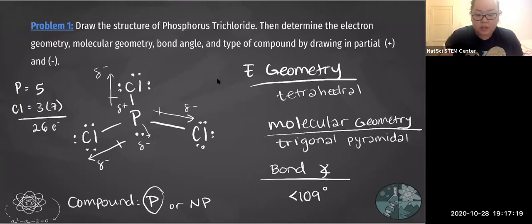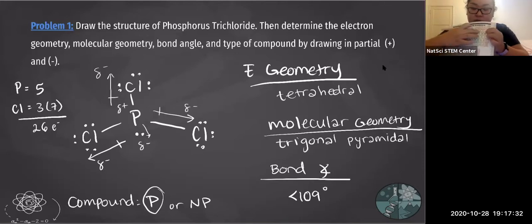So in relation, chlorine is more electronegative than phosphorus. Chlorine is here and phosphorus is here. The further to the right towards fluorine it is, the more electronegative the atom is. So that's why chlorine in relation to phosphorus is more partially negative.